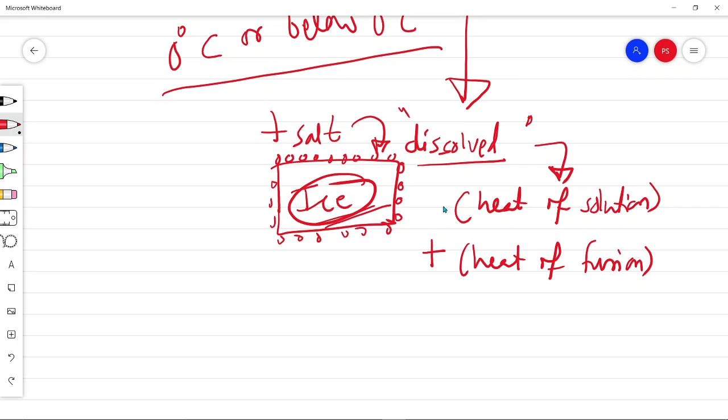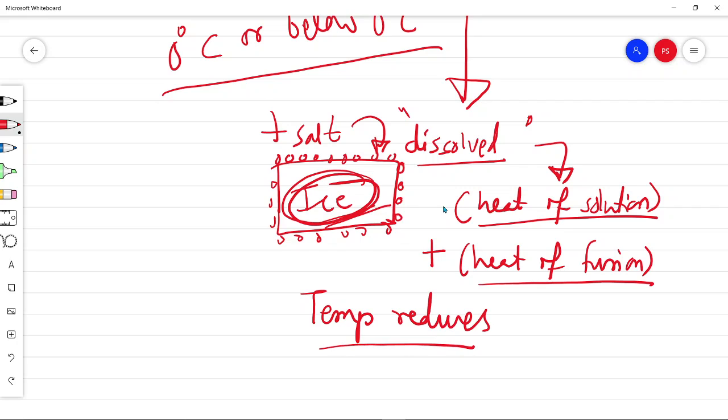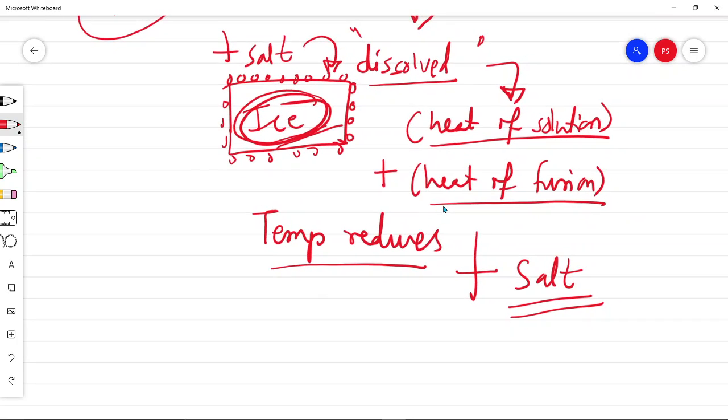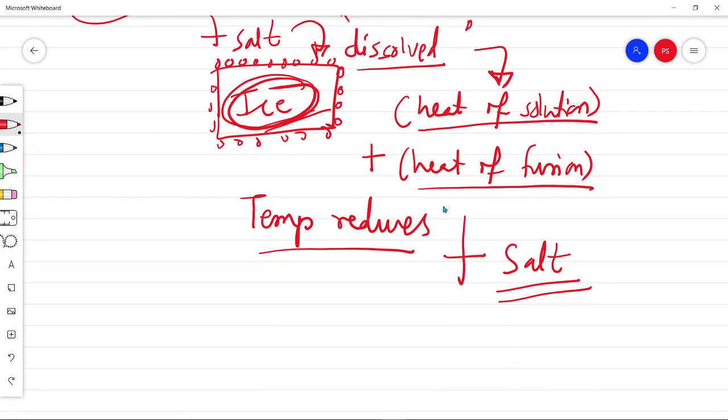Since the heat of solution and the latent heat of fusion are taken from the ice, the temperature of the ice reduces below the existing temperature, that is the initial temperature before the salt was added to the ice. If we go on adding the salt, more and more salt keeps on dissolving into the water, and in every stage the temperature reduces further.